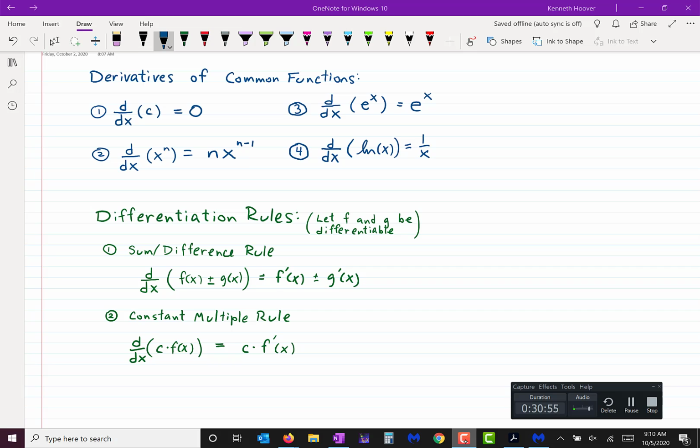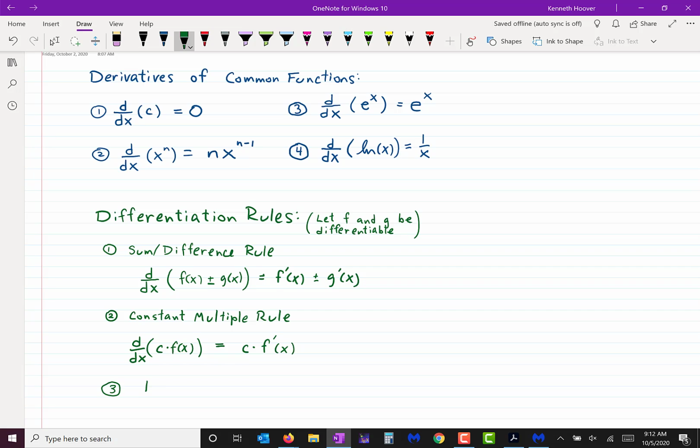Next, what I want to show you is called the product rule. And it is probably not what you would expect. So I want to show you how to do the derivative of f of x times g of x.